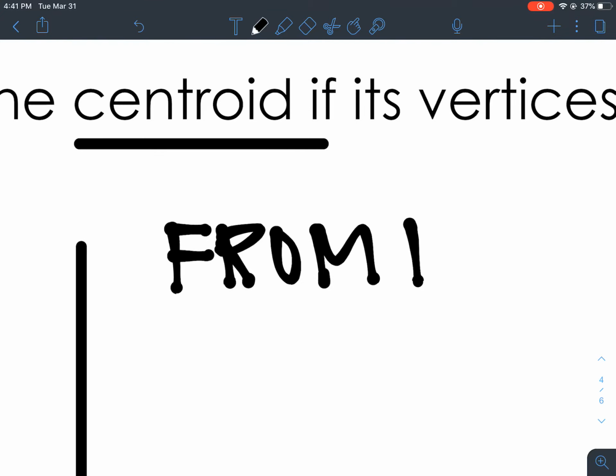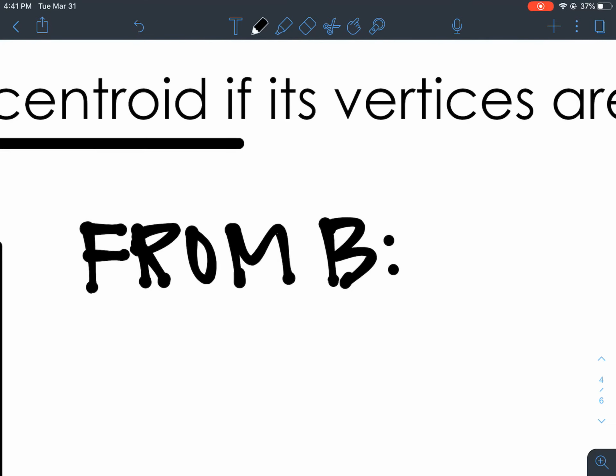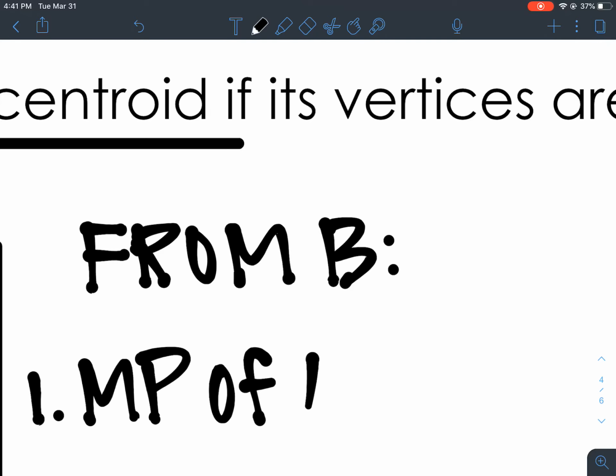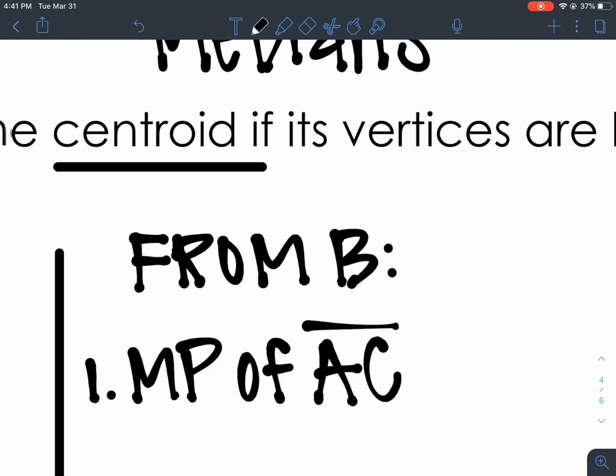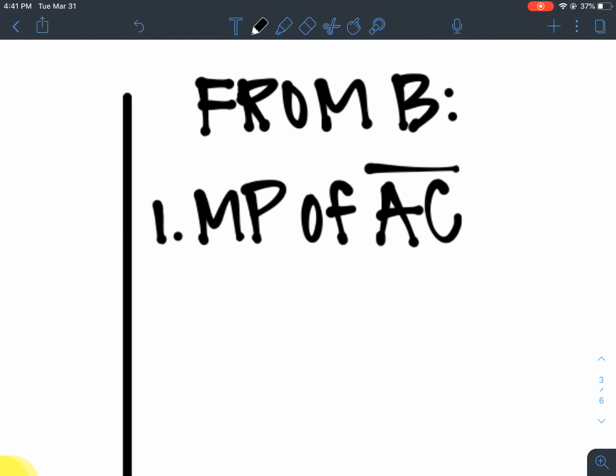And the reason why I paused there is I noticed that either way, I'd have to deal with decimals, okay? So I'm going to go from B, which means that I'm going to find my midpoint of AC. So if I'm finding the midpoint of AC, I'm going to do 1 plus 9 divided by 2.